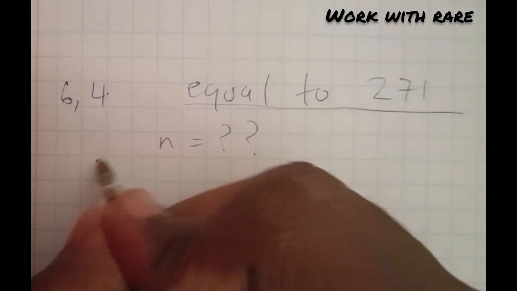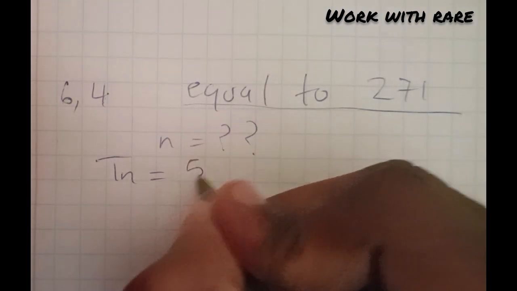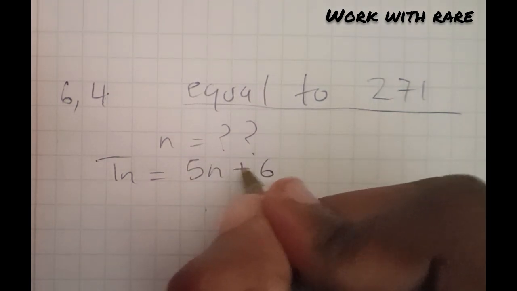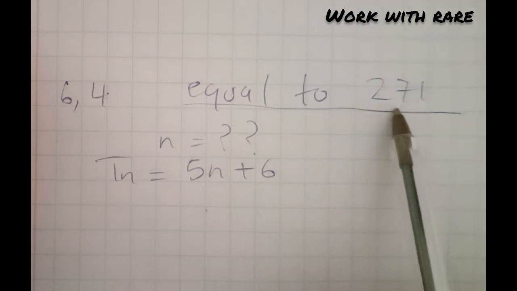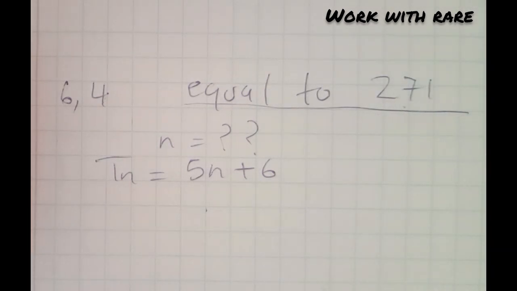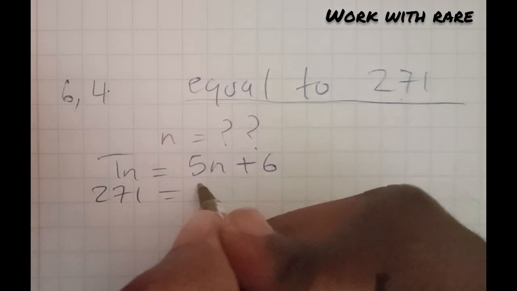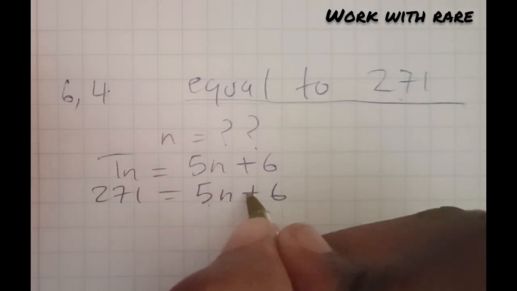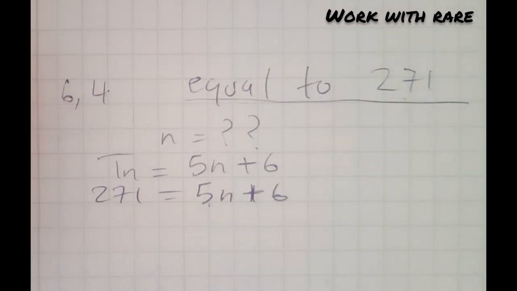Our general formula is Tn is equal to 5n plus 6. Remember, where I see Tn, I will substitute 271. So I'll say 271 is equal to 5n plus 6. The goal is to find the value of n, because they want the number of the term that is equal to 271.